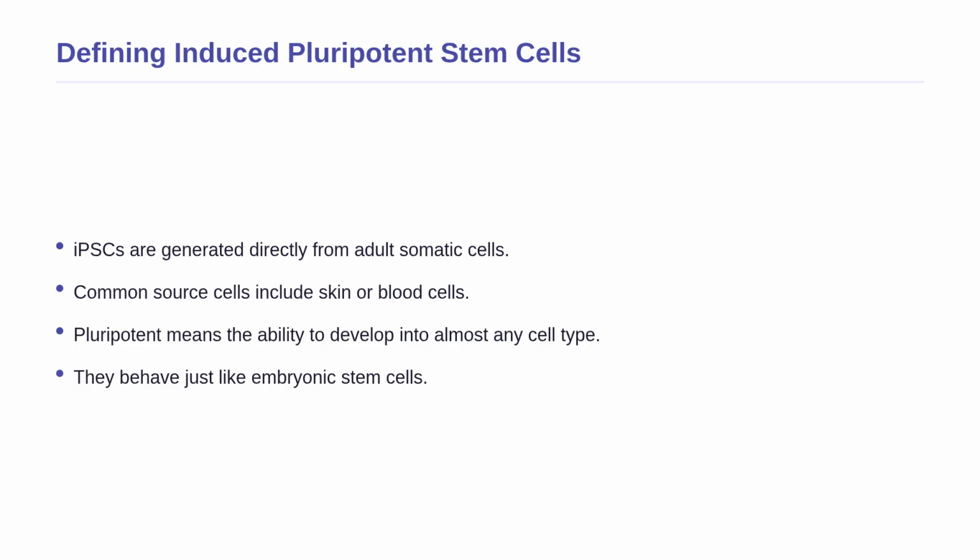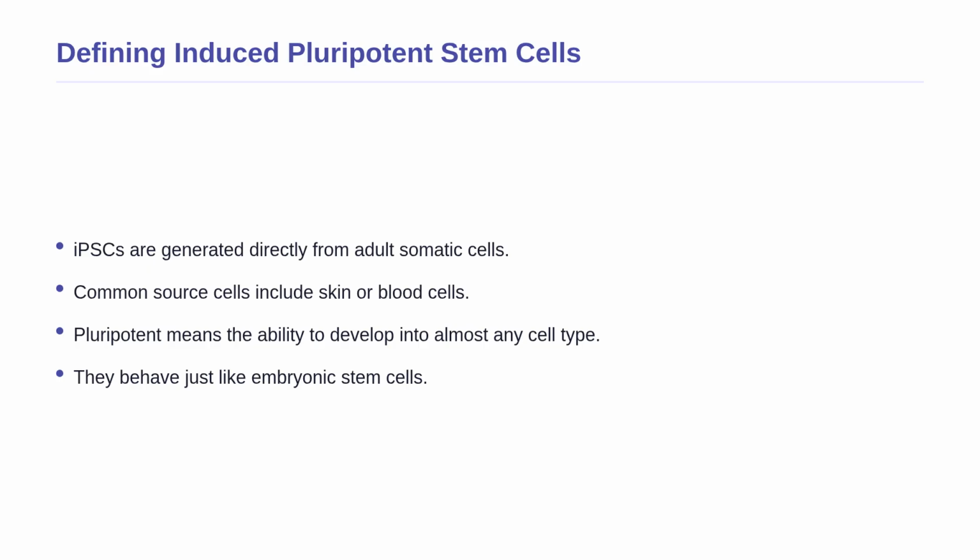Now that we understand the concept of cellular time travel, let us look at what these cells actually are. Induced pluripotent stem cells, commonly abbreviated as iPSCs, are a unique type of stem cell. They are generated directly from adult somatic cells, such as ordinary skin or blood cells taken from a patient.